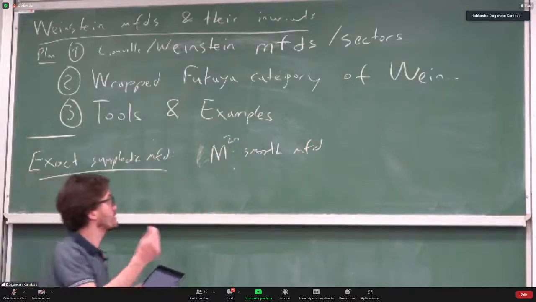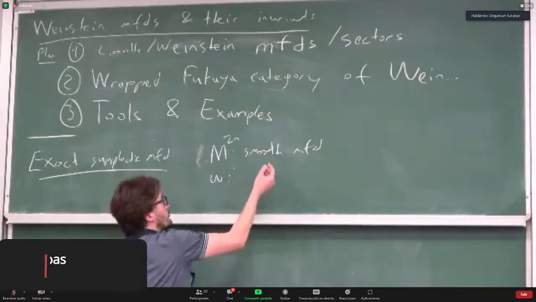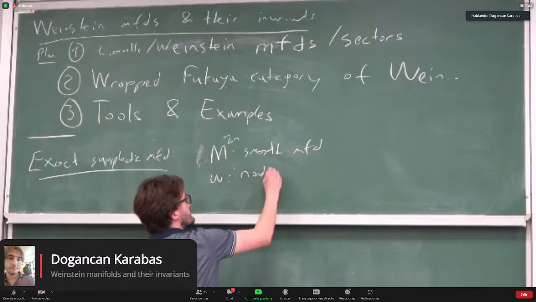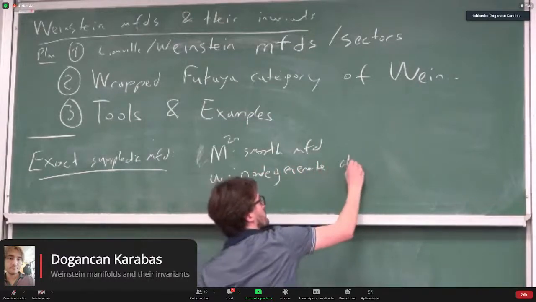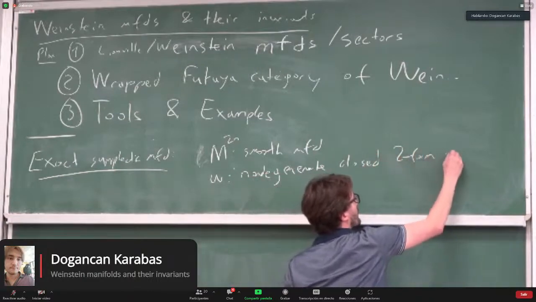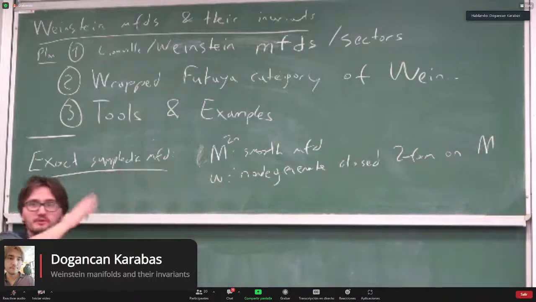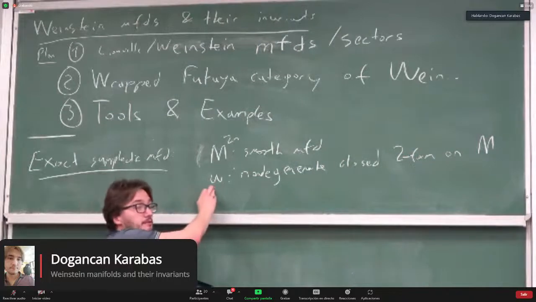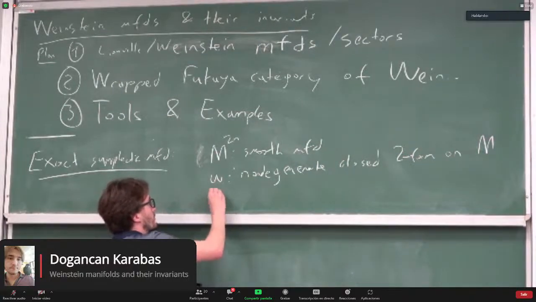Actually, it's not part of the definition, but it will necessarily be that. And there is a two-form on M, which is non-degenerate and closed. This gives you a symplectic manifold. And furthermore, you ask this omega to be exact.